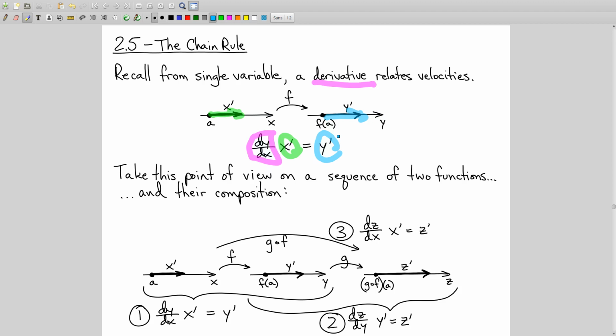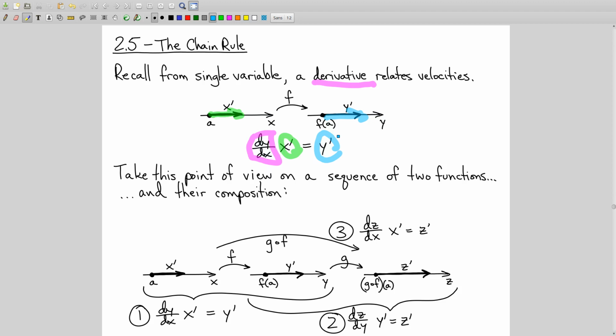And you can also view this as an instance of the chain rule in a way, because dy/dx times x prime, where x prime could be written as dx/dt, gives you dy/dt. It's a different point of view, whatever. I want to view this as a primary, fundamental interpretation of a derivative.